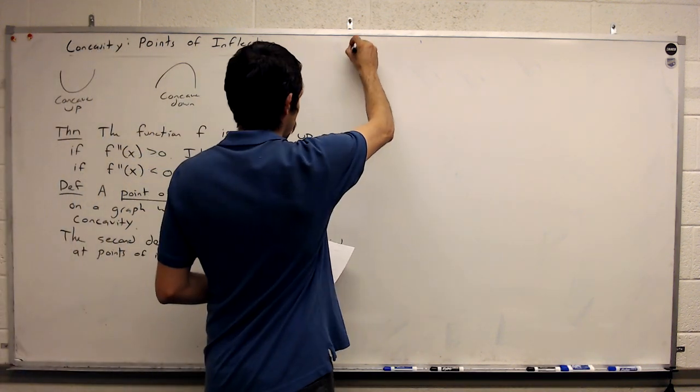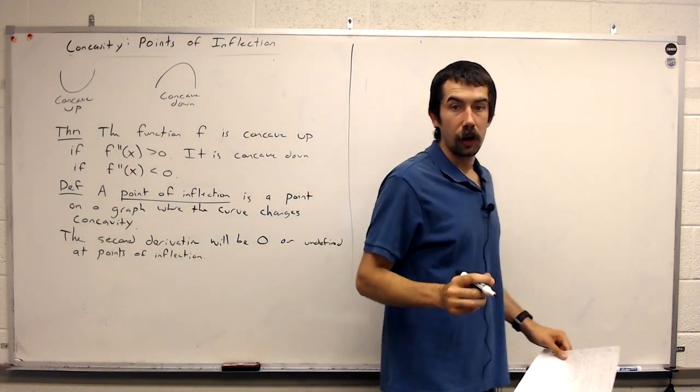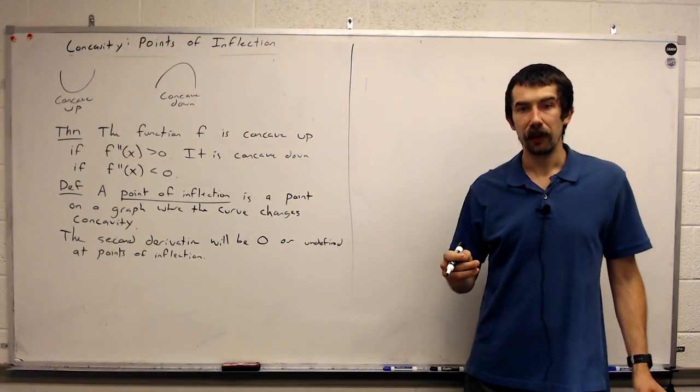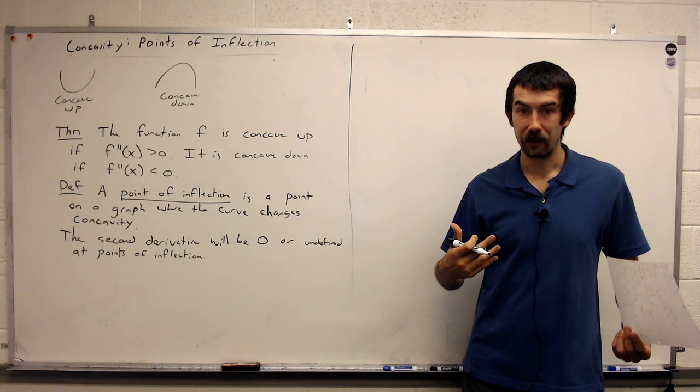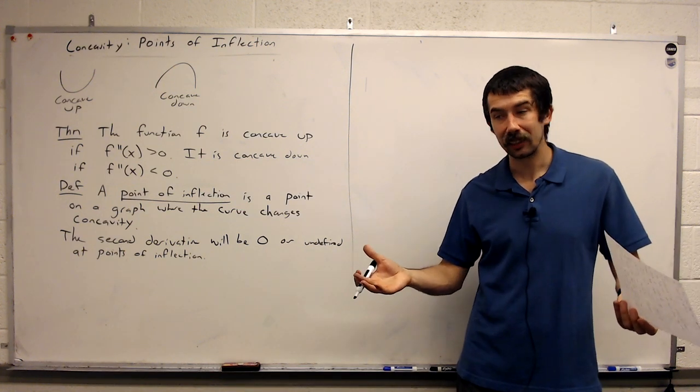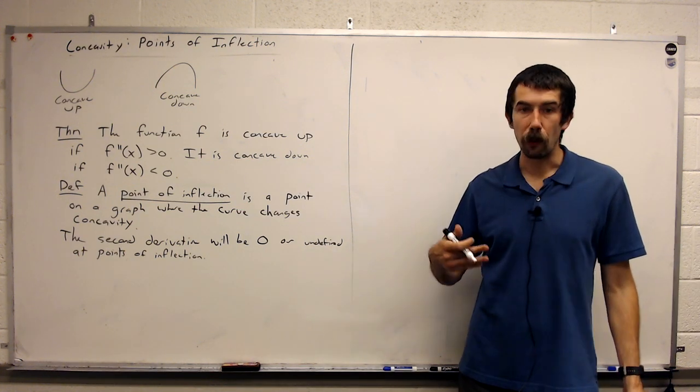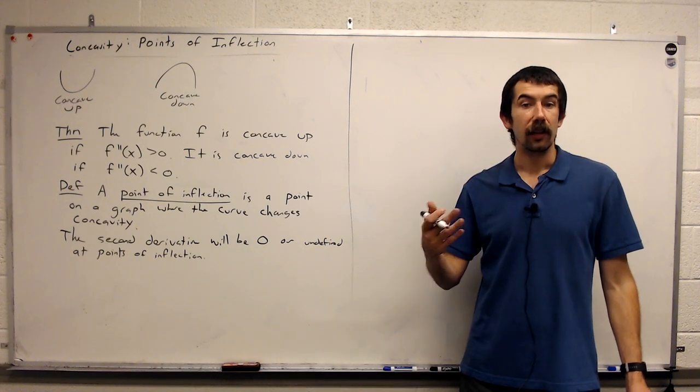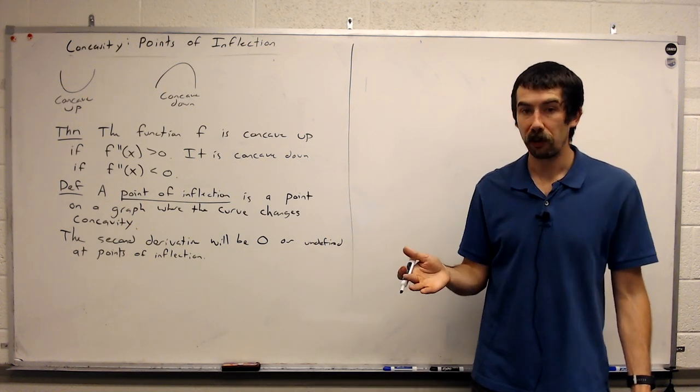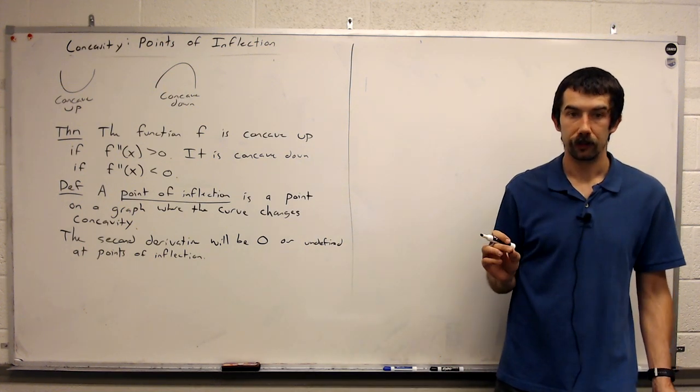So to find the points of inflection, we're going to have to find the second derivative and find when it's 0 and find when it's undefined. Those are going to be some candidates for where the points of inflection could be. Those values might not all be points of inflection, but some of them might be.